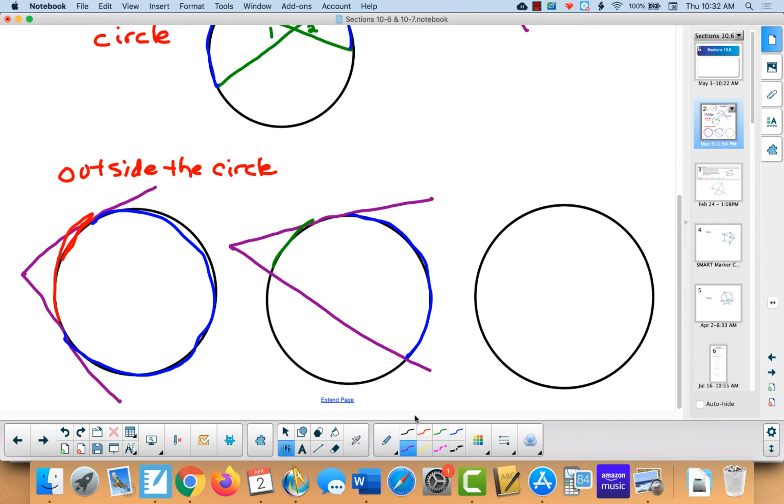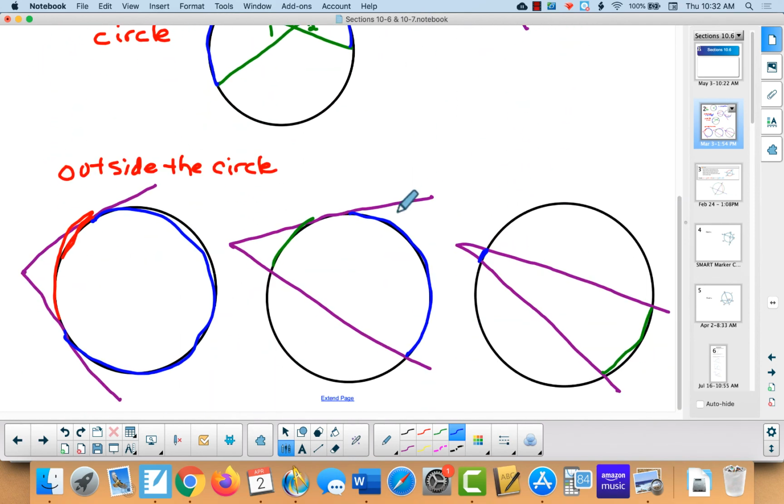Or we could have two secants intersecting outside the circle. When that happens, we break the circle up into four arcs, but once again, only two of them are inside the circle and are inside the angle and are the intercepted arcs.